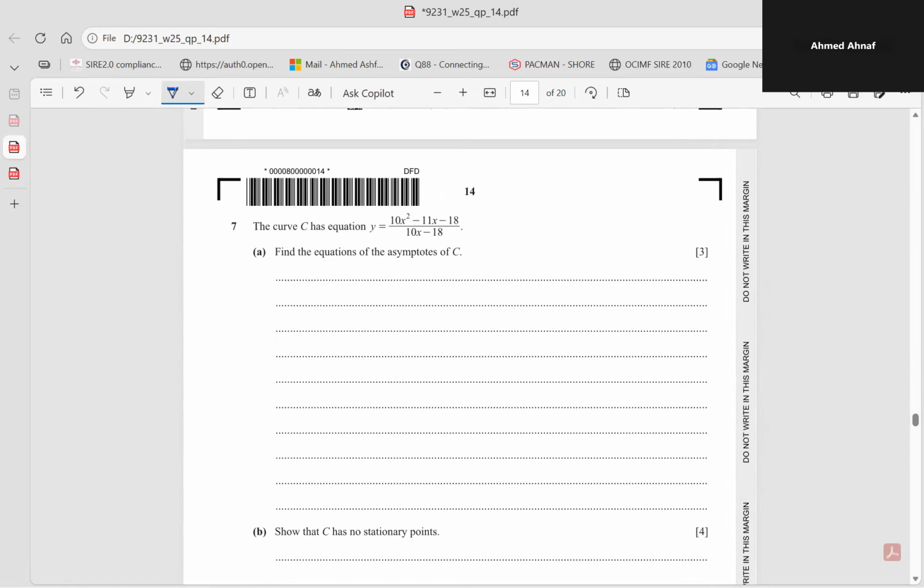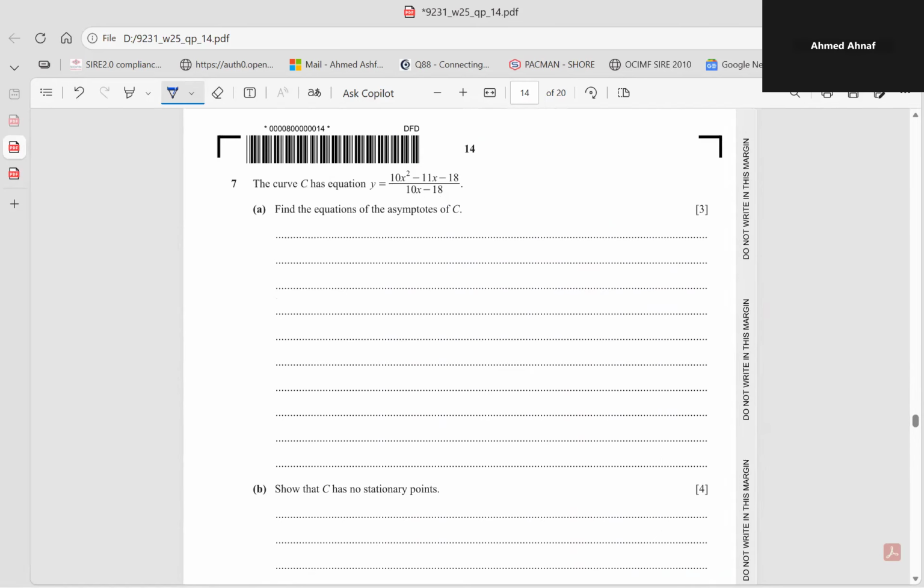Let's move on to the final question. For this final question, we're told that the curve C has this equation. For the first part, you have to find the equations of the asymptotes of C. To find the asymptotes, you start off by finding the vertical asymptote.